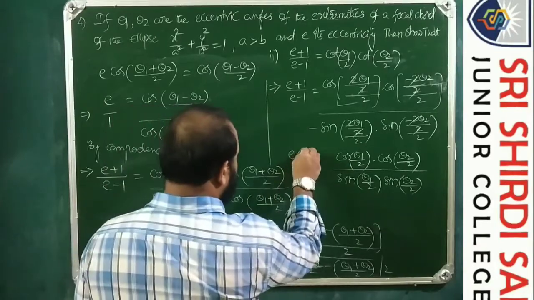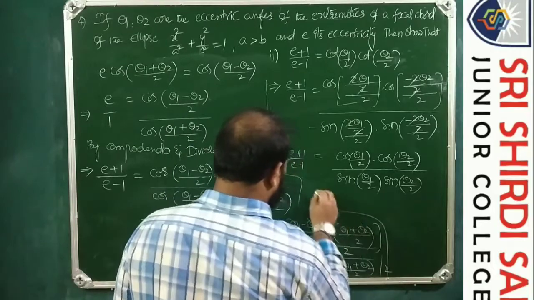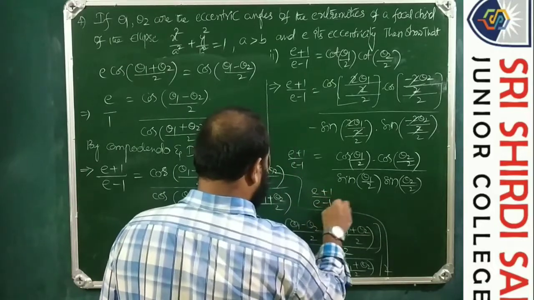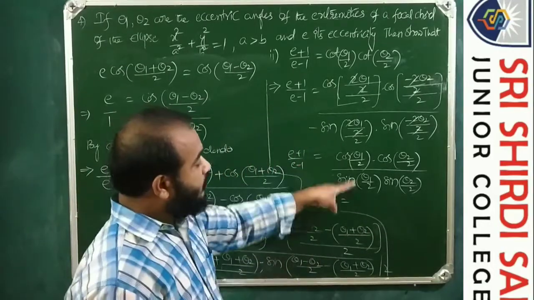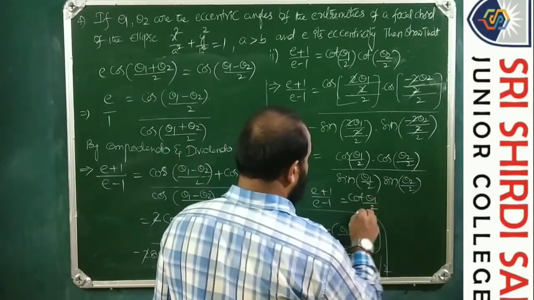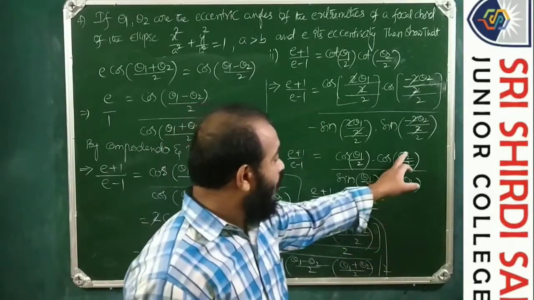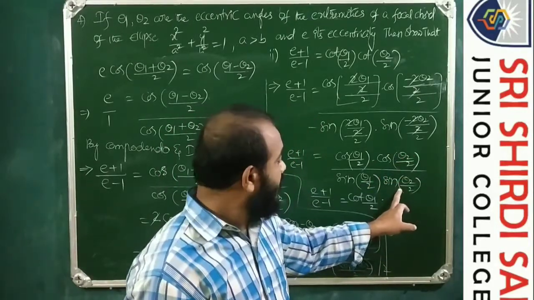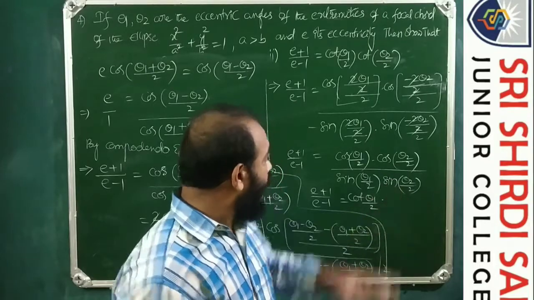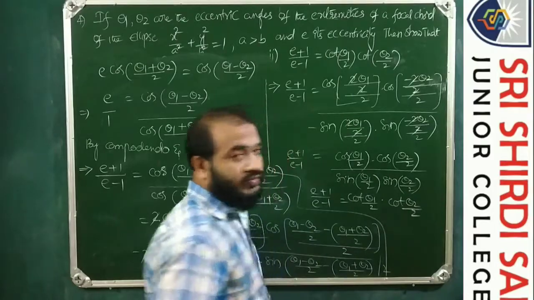Therefore (e plus 1) by (e minus 1) is equal to cos by sin, which is cot, so cot(theta 1 by 2) into cos by sin, cot(theta 2 by 2). This is what we needed to prove.